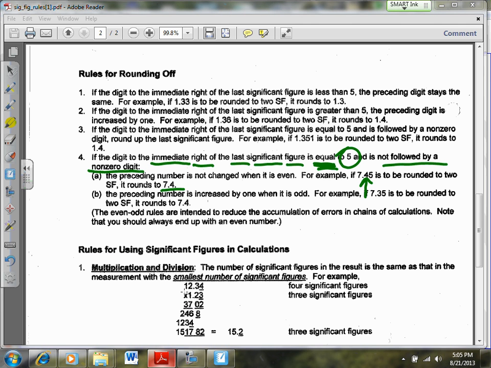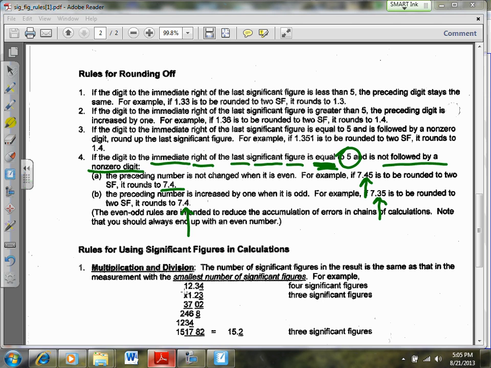If, on the other hand, the digit right next to the 5 that you're trying to round is odd, then we round it up. So 7.35 is rounded to 7.4. Notice it's always going to end in an even number. So half the time we're rounding up, the other half of the time we're rounding down.